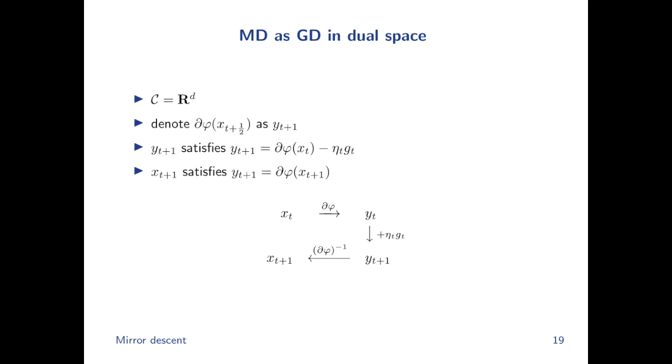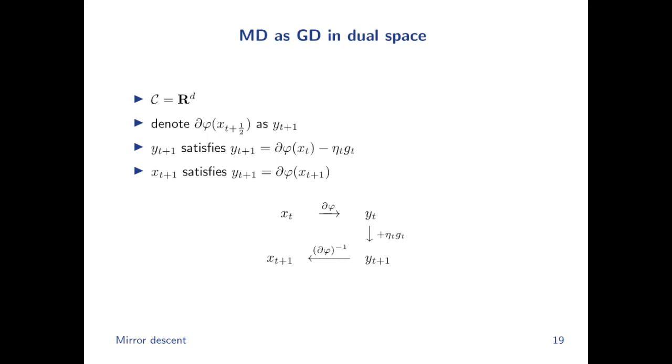Okay, so you can take x sub t and map it to the dual space. You get the y sub t's, and then in the dual space, you're doing plain vanilla gradient descent. You're just taking y sub t and adding eta t g sub t. This is the step in the dual space.